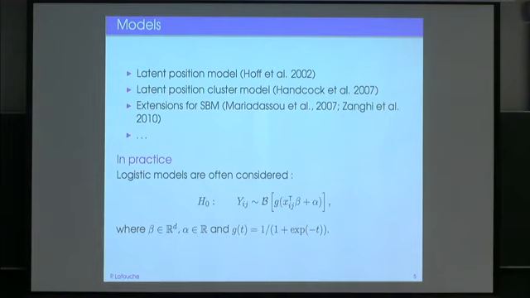For this talk, this is the logistic function, but you could also use probit regression and so on. Inside the logistic, you've got a bias term, a real number, and then a scalar product between a regression vector and a set of covariates. As we saw yesterday, Xij is a vector of covariates for the pair ij, and this vector is of dimension d.